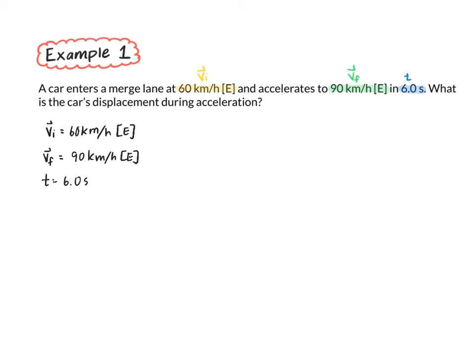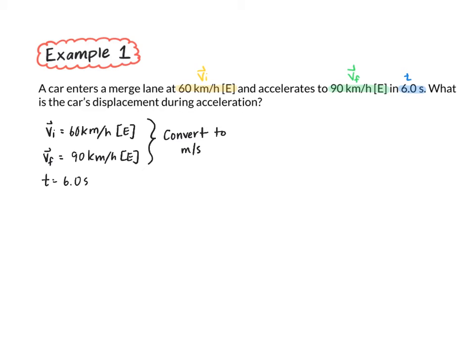Now, typically we're going to use meters per second squared as our acceleration, so we're going to convert these into meters per second, because usually we're working with a little bit smaller of a distance.